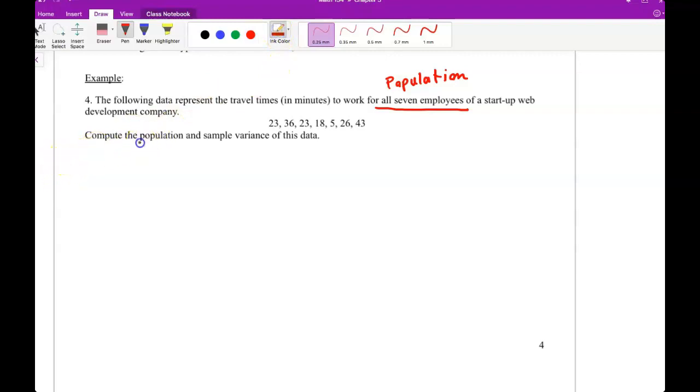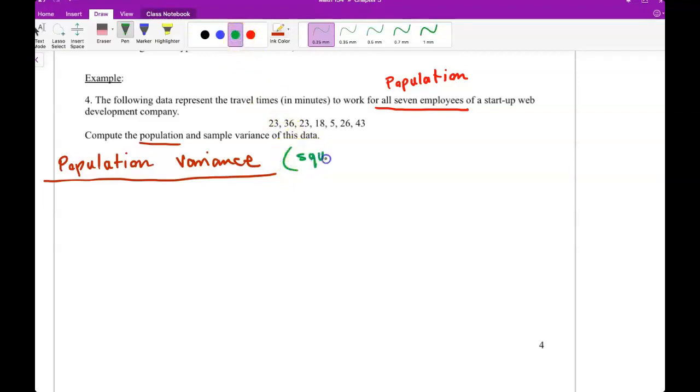So first, population. We already have the standard deviation. Squaring that is the answer for this part.